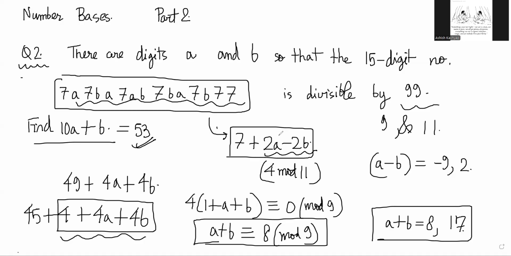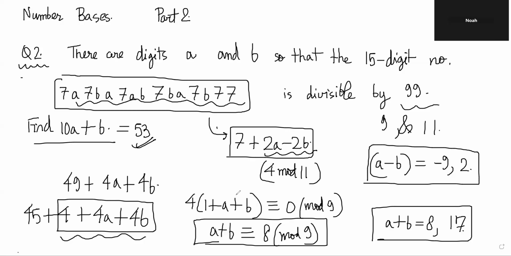Because minus 9 times 2 is minus 18 and 7, I don't think it works. I don't think it can equal minus 9 because they're digits. Oh, wait, B can be 9 and A can be 0. Do you see that a minus b equal to minus 9 works for the whole thing?